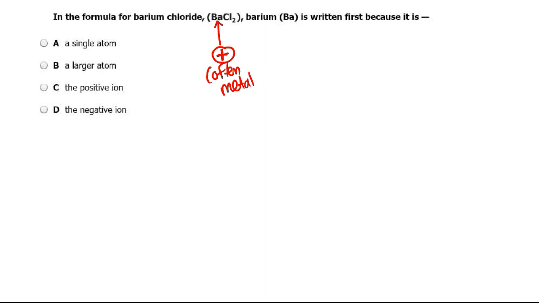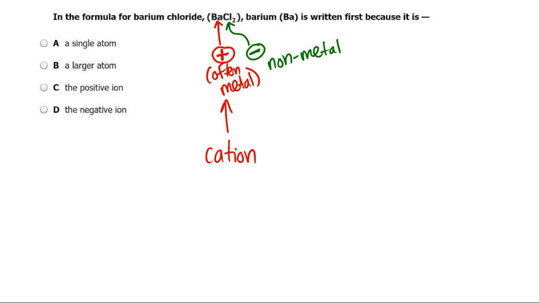For an ionic species, the second element is going to be the negatively charged nonmetal. Let's go back and give those the names that we remember. This is called the cation, and it comes first. The anion comes second.